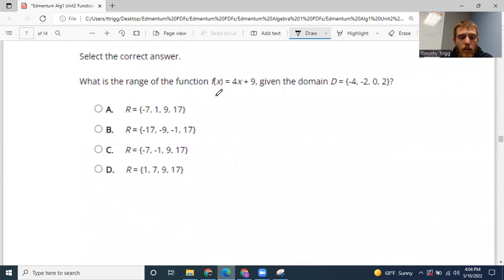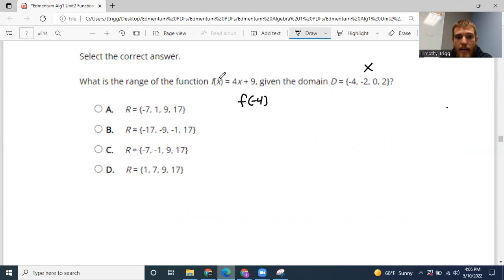What is the range of the function f of x equals 4x plus 9 given this domain? So here we have the domain. These tell you the inputs, or in other words, the x values. We want to know what the resulting outputs are, or in other words, the y values. So how do we do that? Well, let's plug in each of these values to figure out which list is correct. So first, let's do f of negative 4.